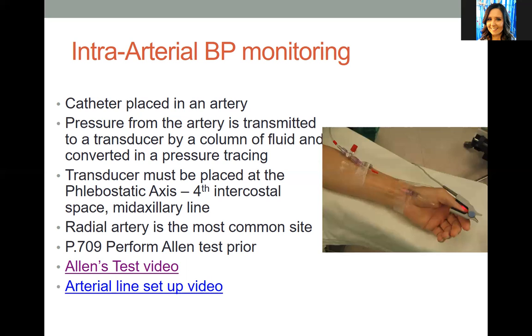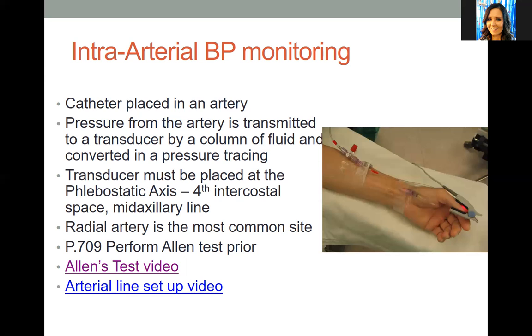And then we're going to zero our line with any position changes. When we zero, what we're doing is taking that transducer, putting it at the phlebostatic axis, and doing some things on the monitor to zero it. Kind of similar to when we talked about ICP in the EVD drains.